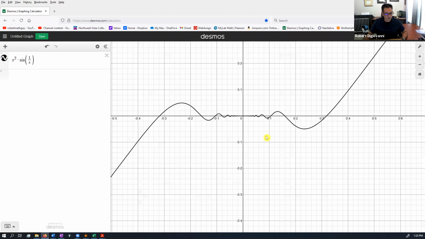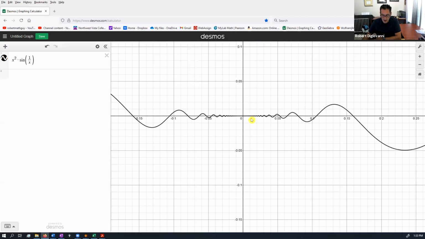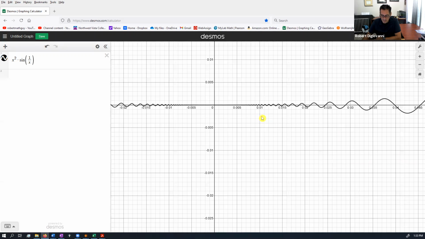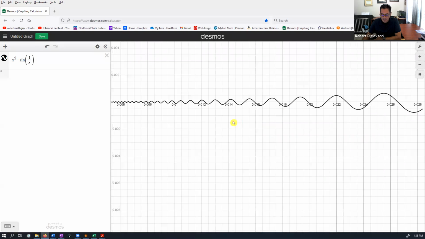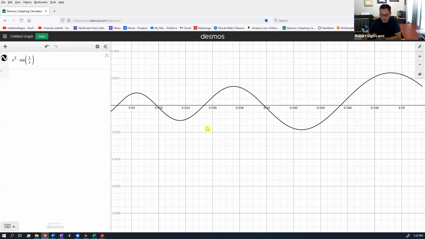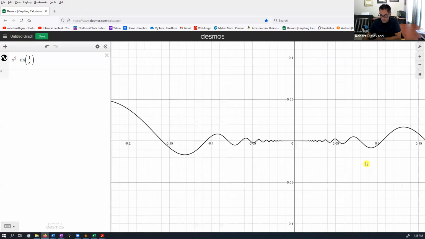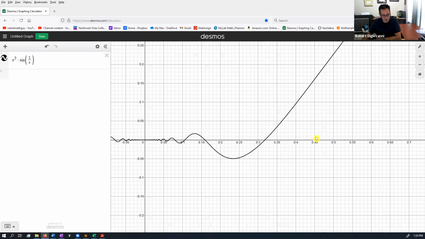Pretty crazy looking graph. It's trying to act like a sine function in the beginning. And then it starts to oscillate and get big. And then this thing eventually just takes off.